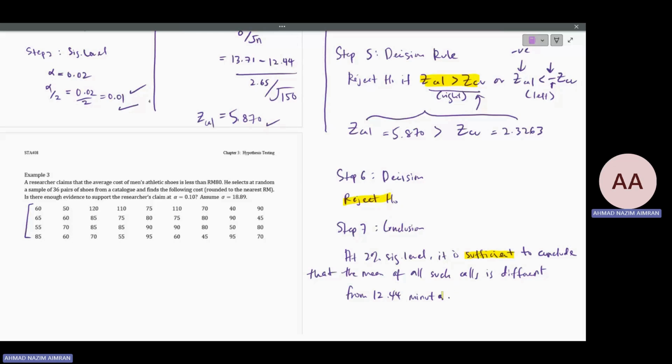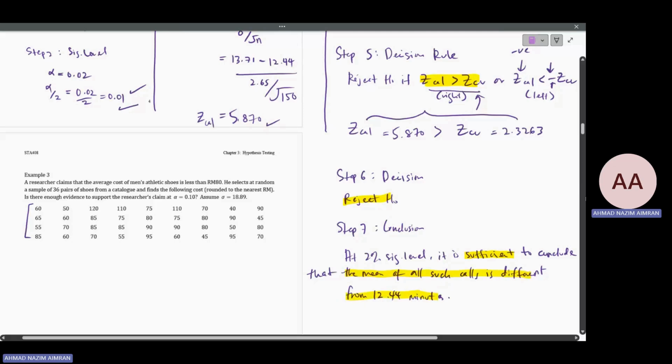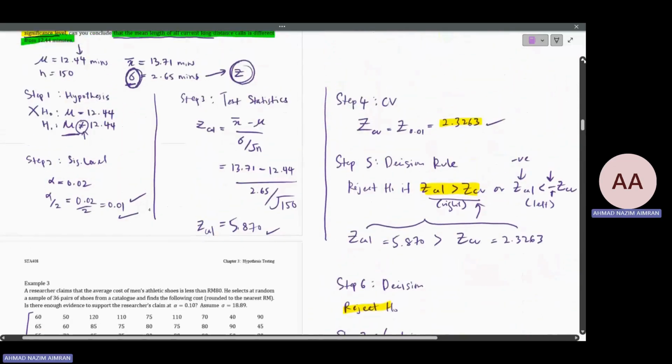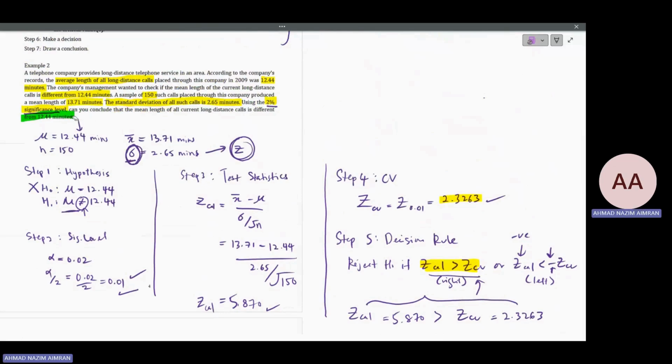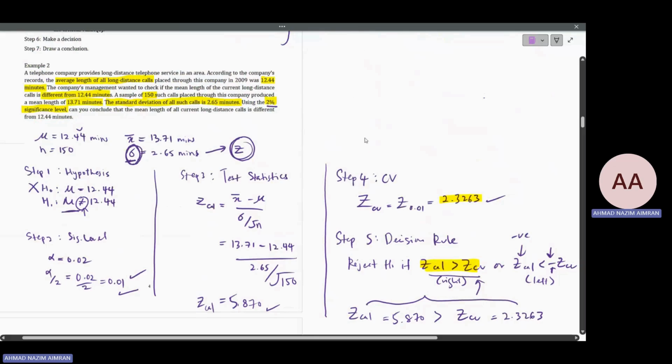And for the later part of the conclusion, the mean of all such calls is different from 12.44 minutes, you can get it from the question. I will highlight it with maybe a green color.